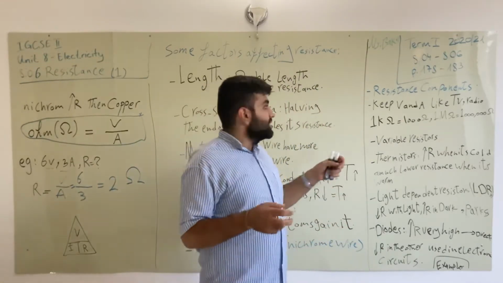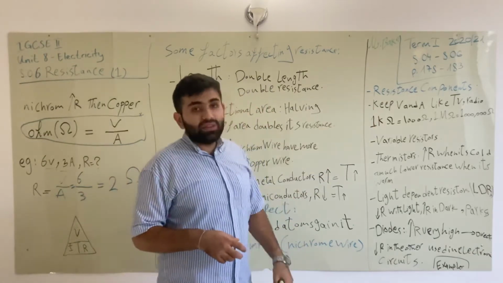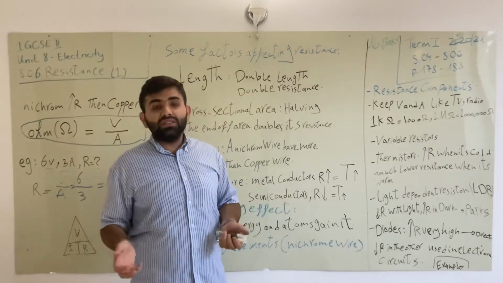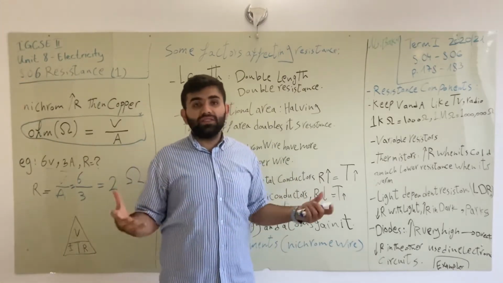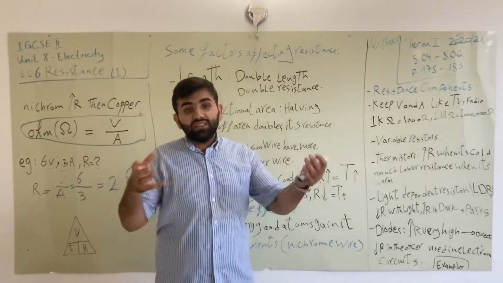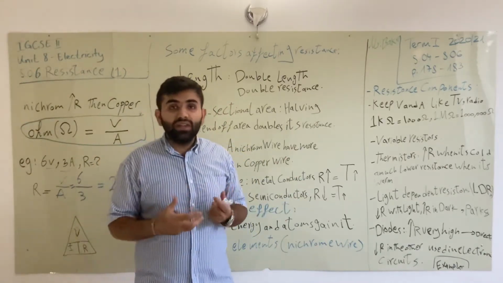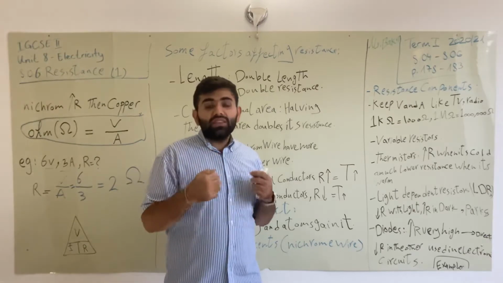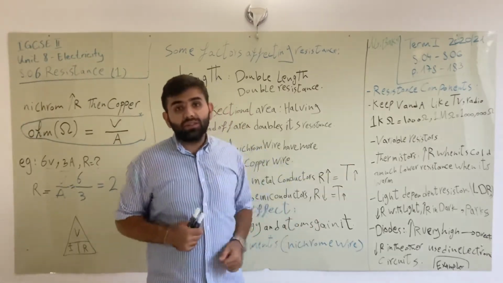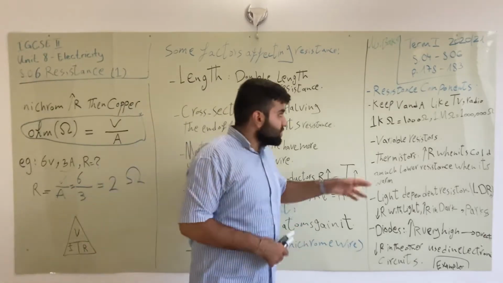So the main use is for keeping the voltage and the current right for certain components in complicated circuits, like for example TVs, radios, computers. So you will see it's full of resistors. Why? So they can manage that no more voltage or current comes to this component. Okay?